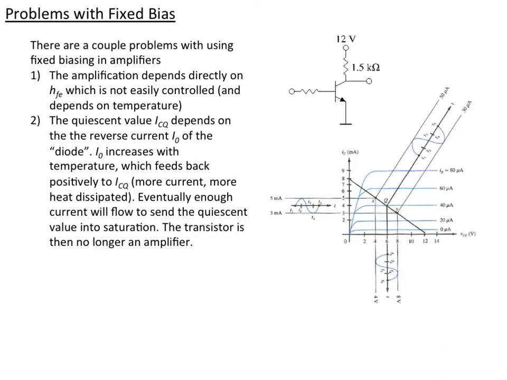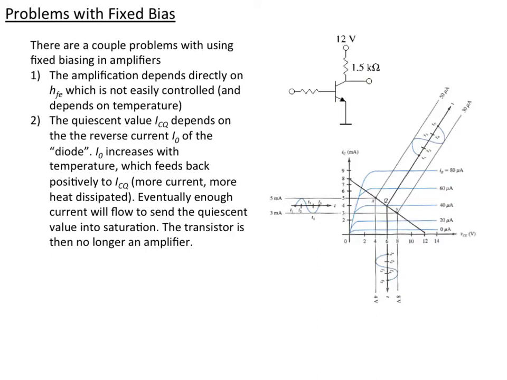Now, as temperature changes, the reverse current changes, and what's more, more current will lead to a rise of temperature in the transistor, which will increase the reverse current, the scale of all current through the transistor, and we'll get yet more current. So as the temperature goes up, we'll get more current flowing through the transistor, which will lead to yet more current, and eventually the transistor will no longer be in the active region. It'll work itself down into the saturation region, and you won't have an amplifier anymore.